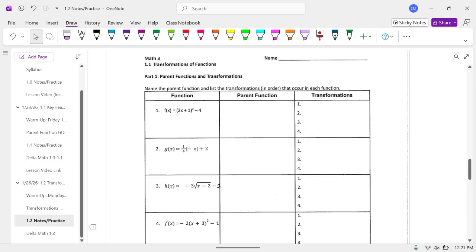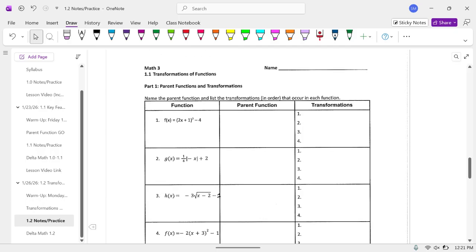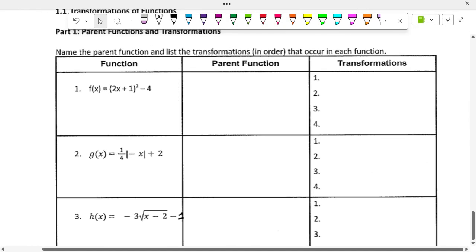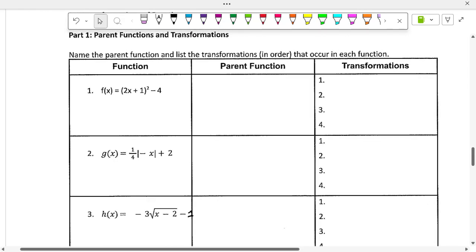We're going to start there. All right, so we're on page 8 of your packet. We're gonna start seeing if you can recognize the transformations from the function.